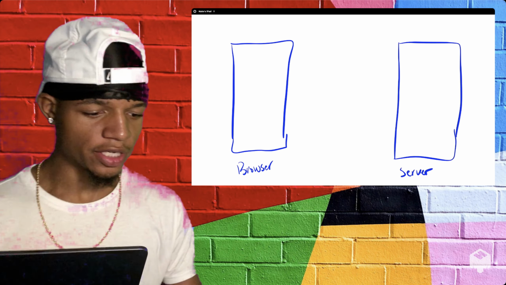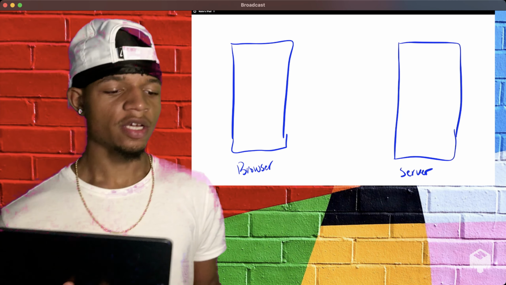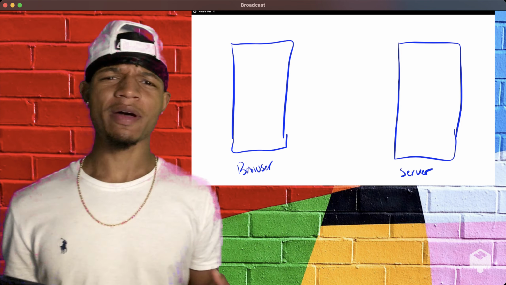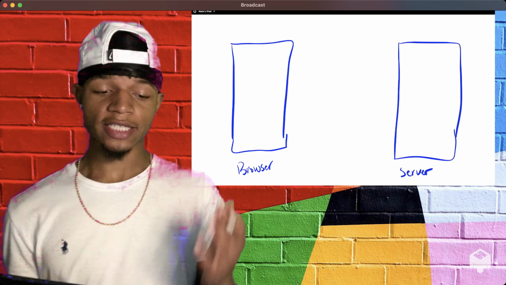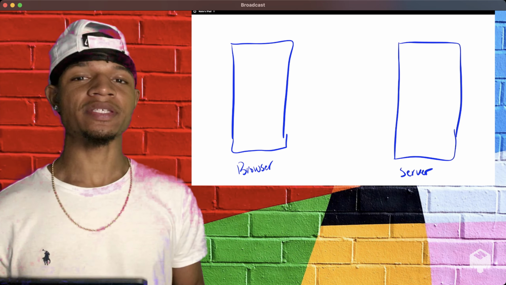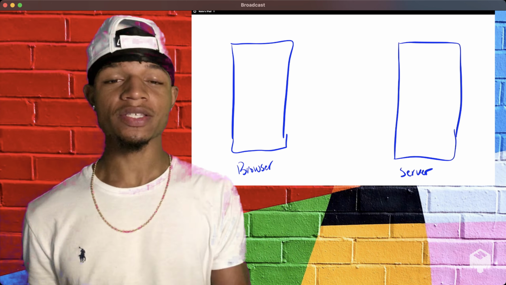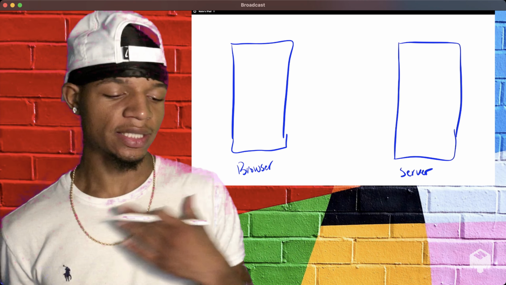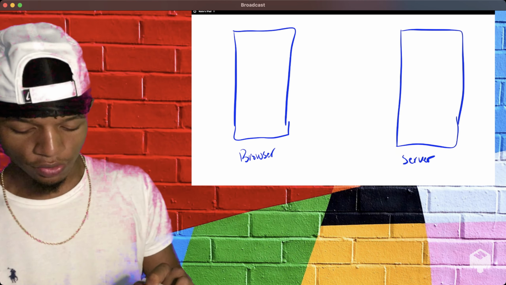The server-browser model has been around for a long time. What do I mean by that? Well, this is actually just a replica of what we do as humans. When we go to a restaurant and want to order something, we are technically the browser. The browser is also called a client.